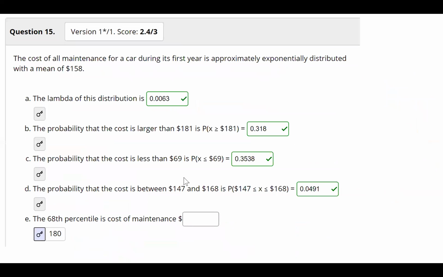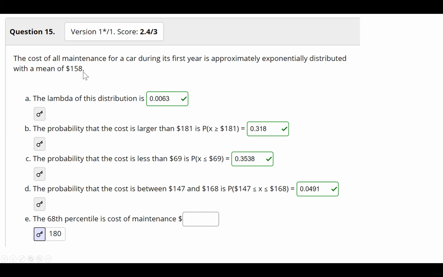Next is number 15. And we got ourselves that little piece right over here. But let's go for a few things here. First is, let's go up here. So the cost of all maintenance on a car during its first year is approximately, oh, here it is, not uniformly distributed, but exponentially distributed with the mean of 158.